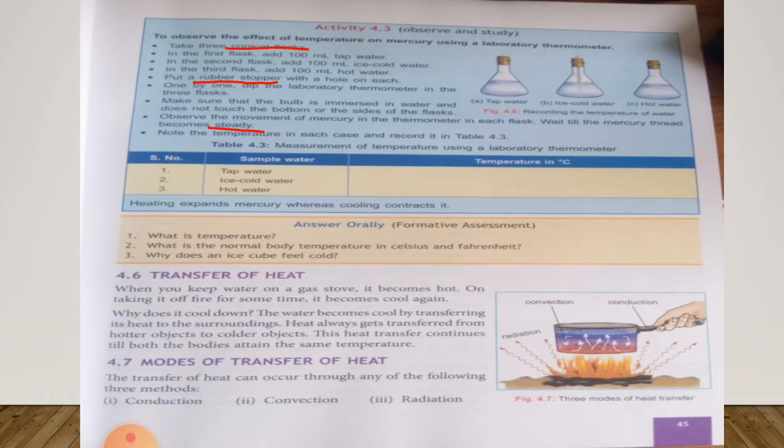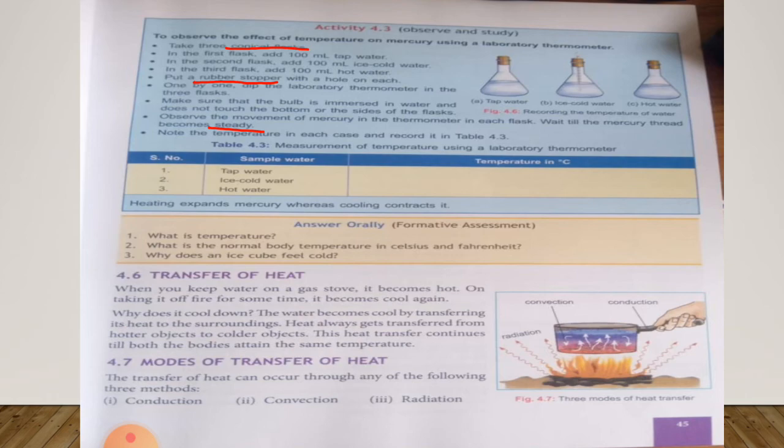This happens because the heat of water continuously spreads around until the outside temperature and the temperature of water become the same. Because heat always gets transferred from hotter objects to colder objects.